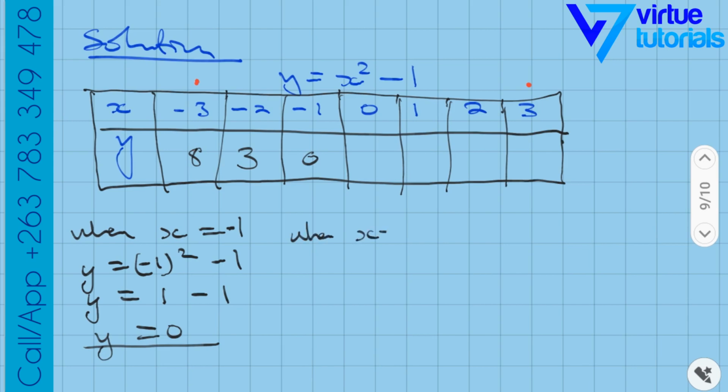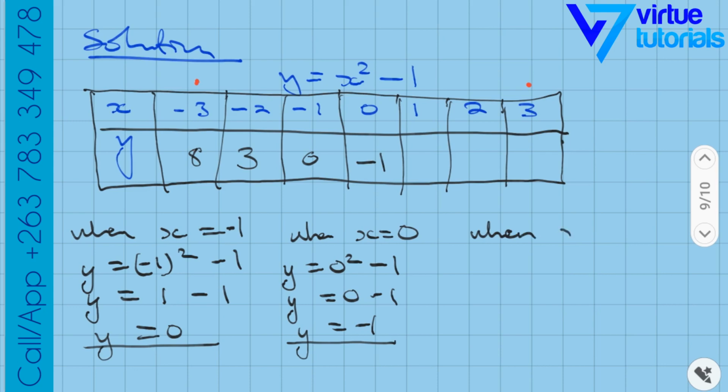When x is equal to 0, y is equal to 0 squared minus 1. 0 squared is just 0, 0 minus 1, so I just get minus 1. When x is equal to 1, y is equal to 1 squared minus 1. 1 squared is 1, minus 1 gives you 0. So I have a 0 there.